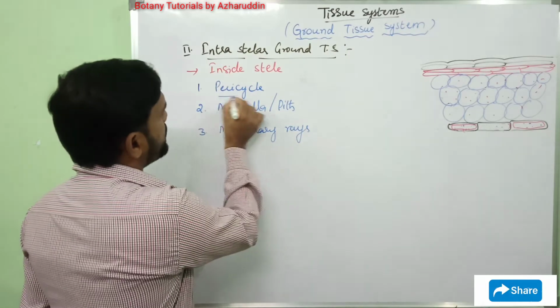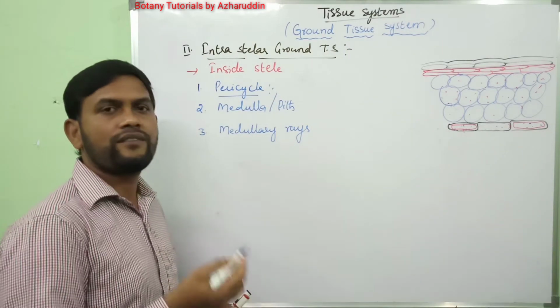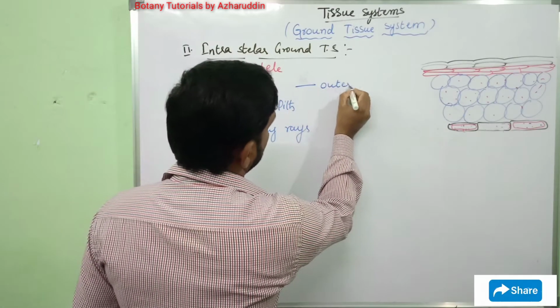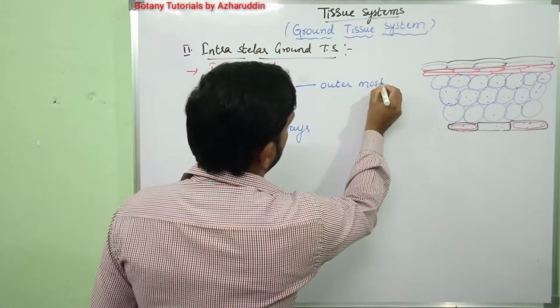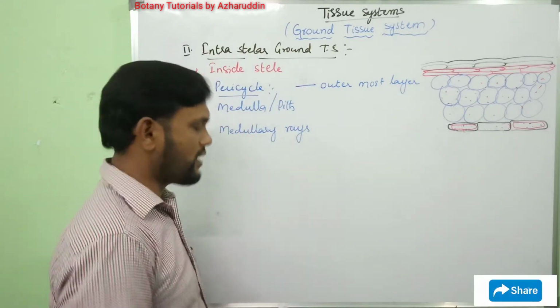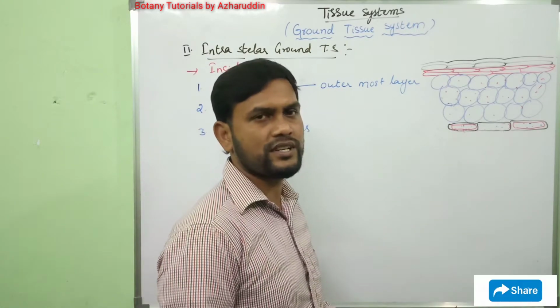Coming to the first one, pericycle. Pericycle is the outermost layer of the stele. Inner to the endodermis, pericycle is present.